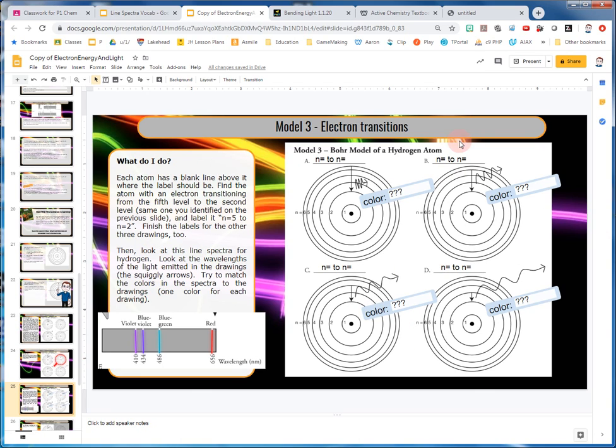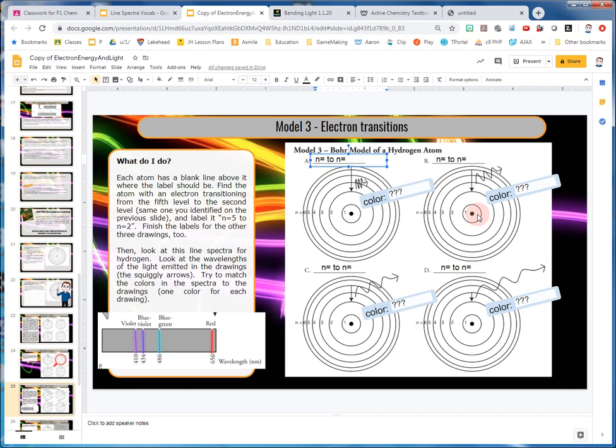All right, this one, electron transitions. What do I do? Each atom has a blank line above it where the label should be. Okay, so that's here. Find the atom with an electron transitioning from the 5th level to the 2nd level. Same one you identified in the previous slide. Okay, so that was this one, right?